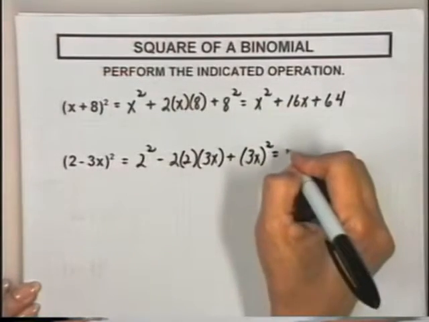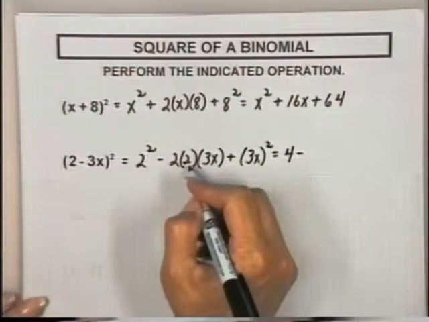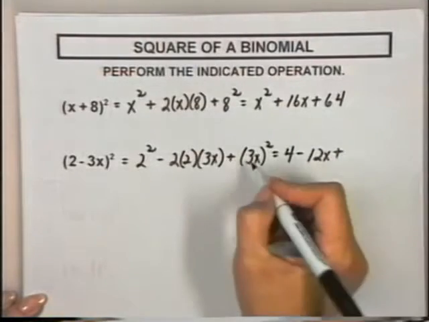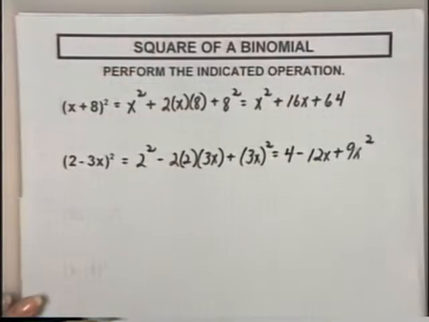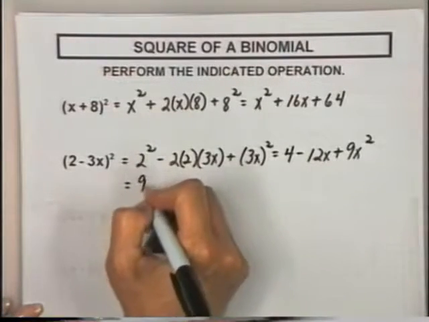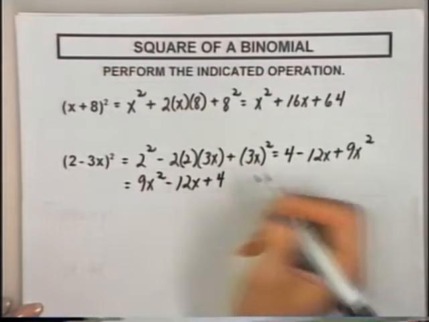When we square the 2, we get a 4. Subtract 2 times 2 is 4. 4 times 3x is 12x. And last, we will square the 3x to get 9x squared. Let's rewrite that answer as 9x squared subtract 12x plus 4.